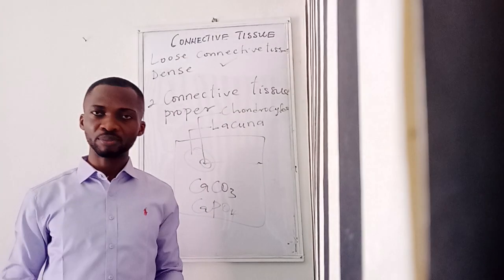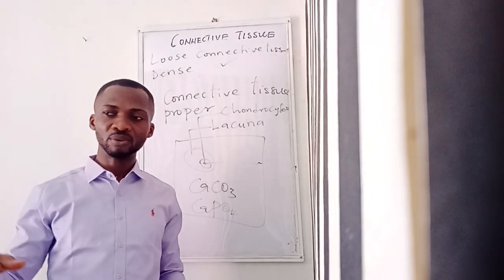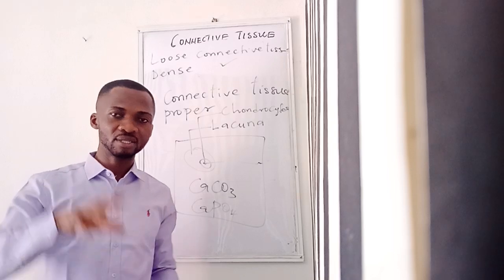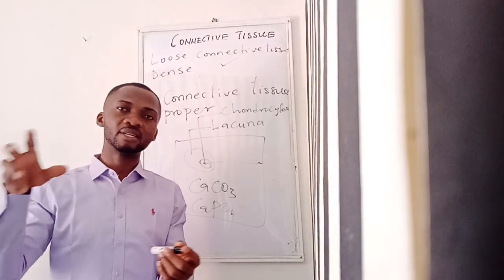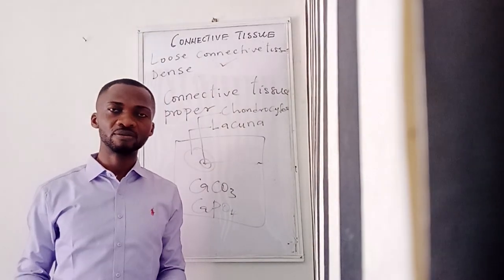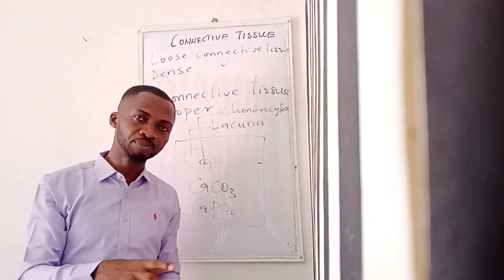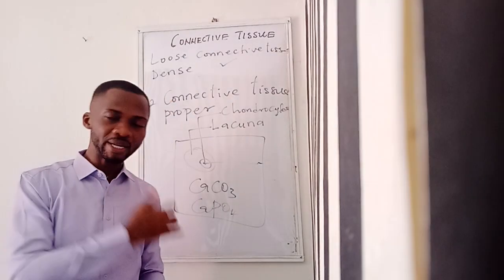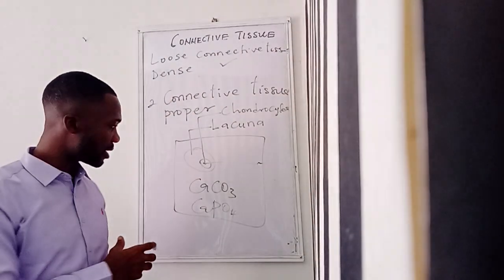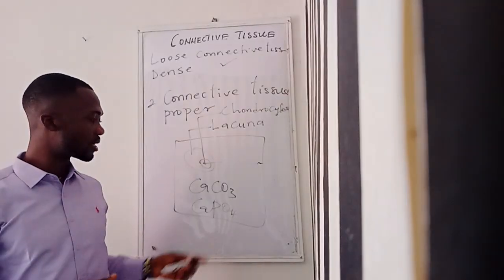Of course, know that cartilage is strong, but not as strong as bone. The reason why bone is stronger than cartilage is because the extracellular matrix of the bone is impregnated by these salts, calcium carbonates and calcium phosphate.